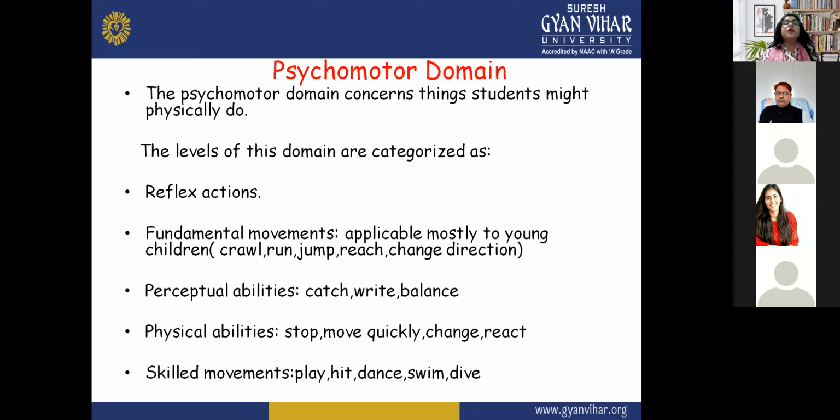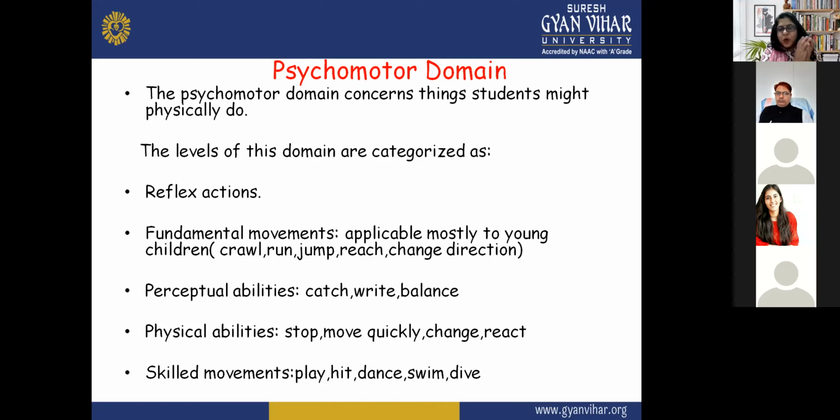So if you are running, or creating a good activity which involves your physical strength, it means you are covering the physical or psychomotor domain of Bloom's taxonomy. Perceptual abilities are covered in this: catching a ball.